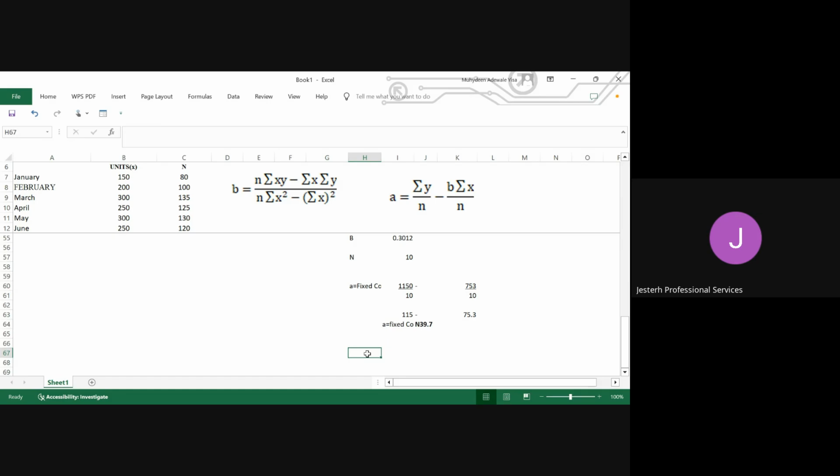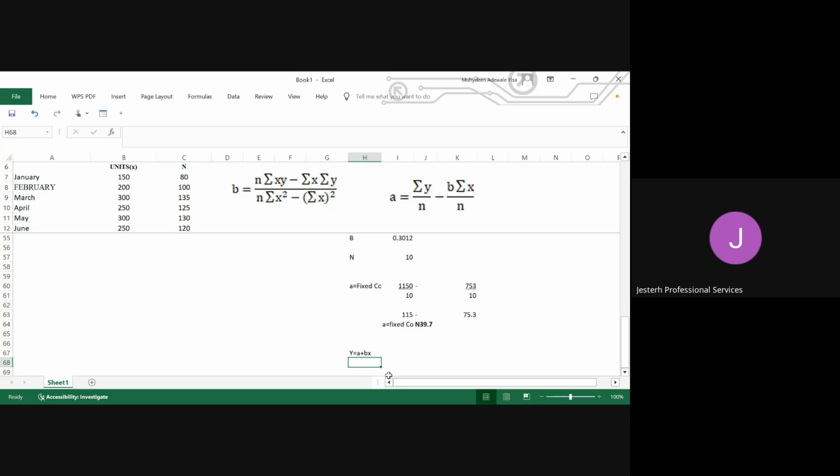Now, the next step is to come up with our cost function using our formula, which is y is equal to A plus bx. Now this is our formula for cost functions.